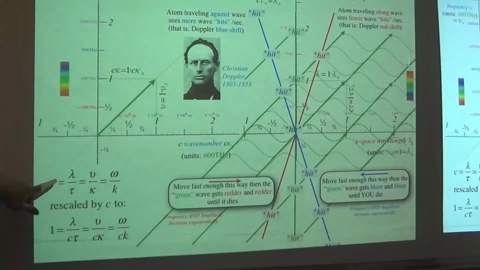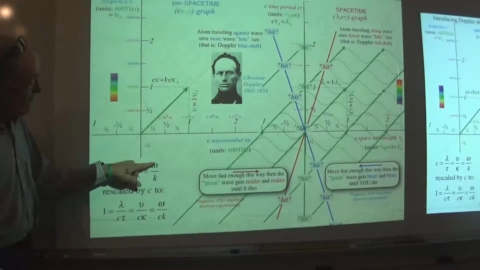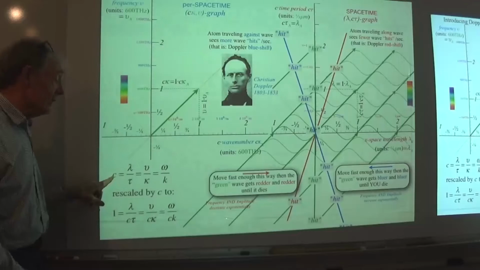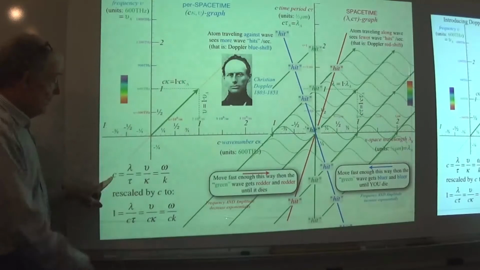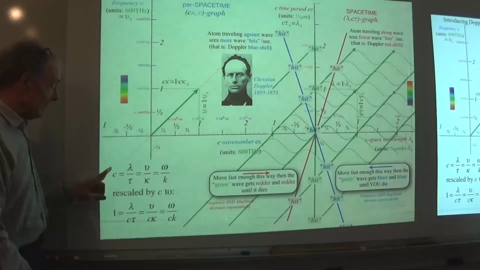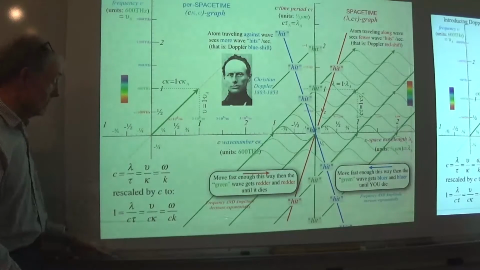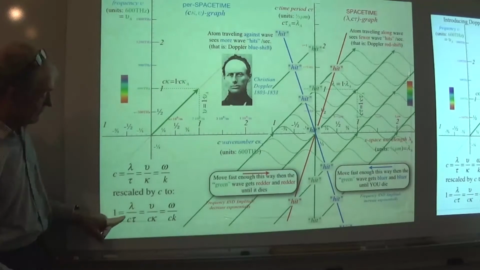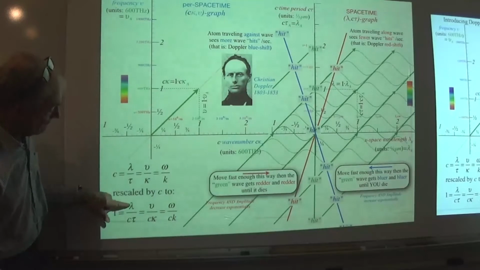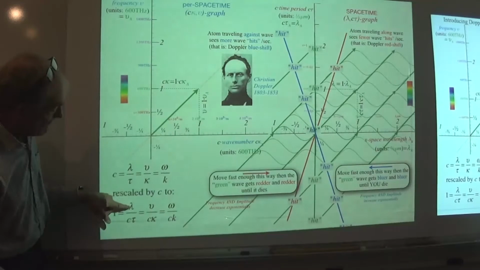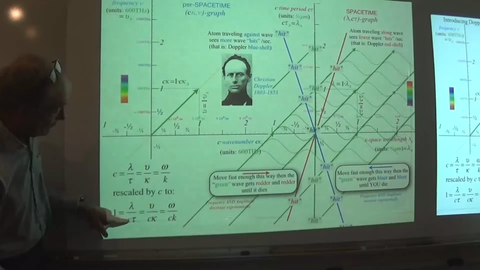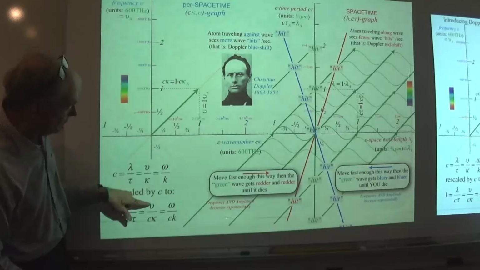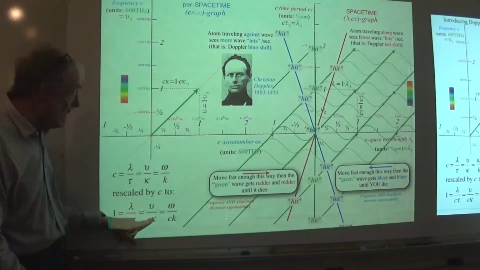So there's this relation, nu over kappa, omega over k, lambda over tau. That's a C that you would use for sound, but the one we're going to be doing is the big guy. And so we're going to be rescaling, and you're going to be seeing that for a space-time diagram, I want to plot lambda versus c tau, and for frequencies, I want to plot frequency versus c kappa.